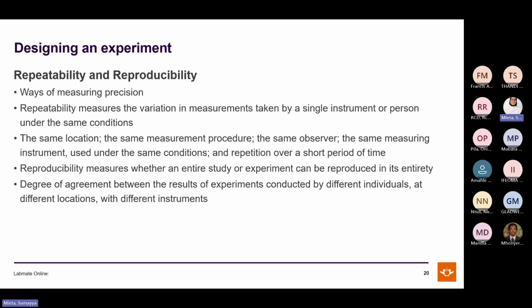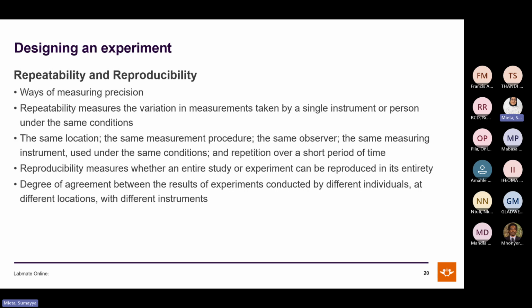That tells you that there's something wrong. Okay, if you keep all of these factors the same and you get two totally different results, that tells you that something is incorrect and you need to go and troubleshoot and figure out what could be the reason for this. Okay, because then your results are not repeatable.